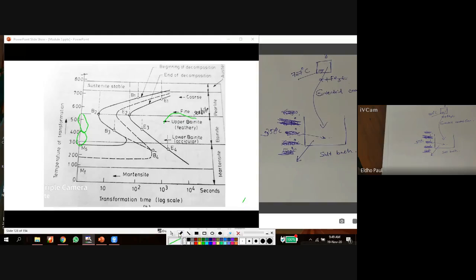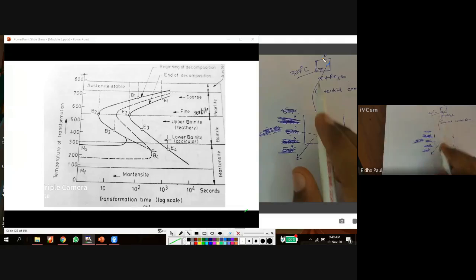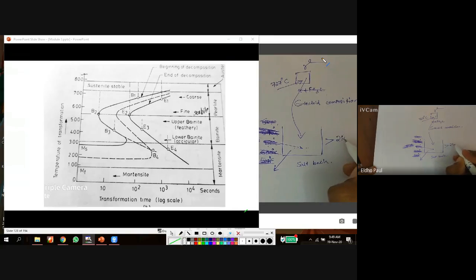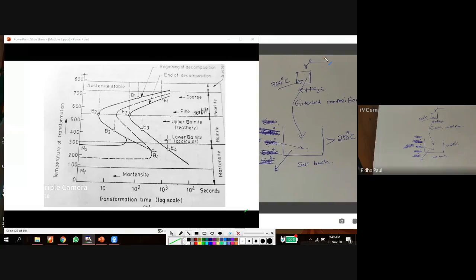Again, the third case, that's another important area. In this case, we dip this gamma austenite into a very low temperature, even up to room temperature. So if we dip the gamma sample into a salt bath maintained at less than 250 degrees Celsius, what happens?